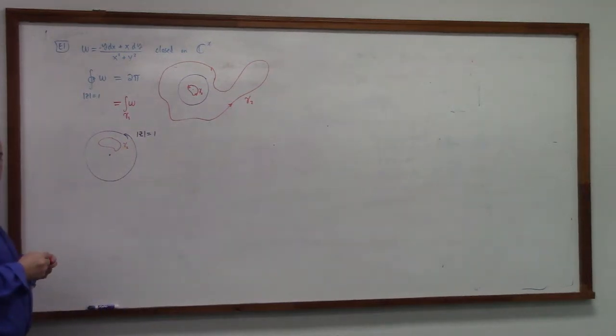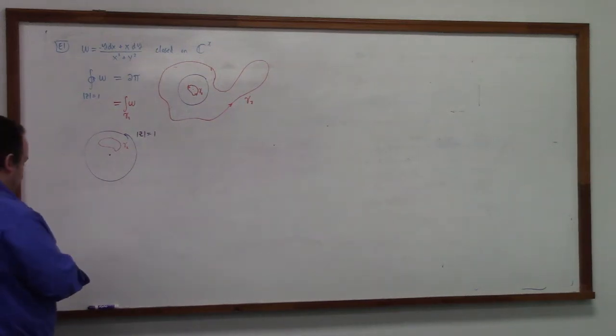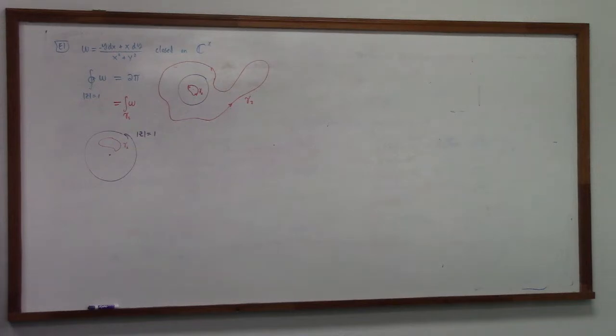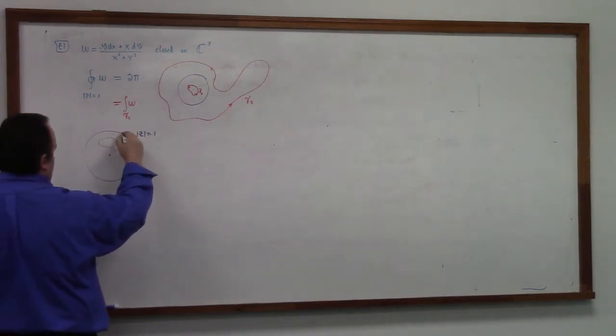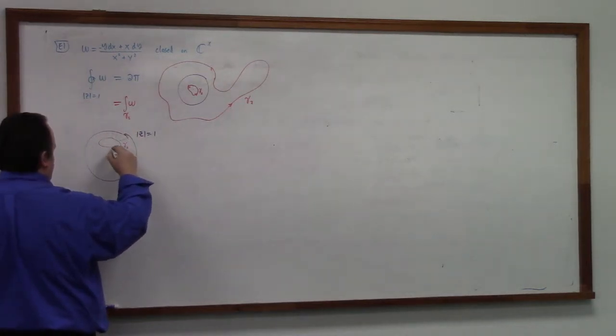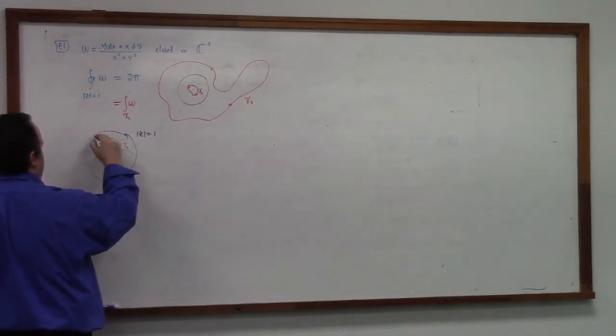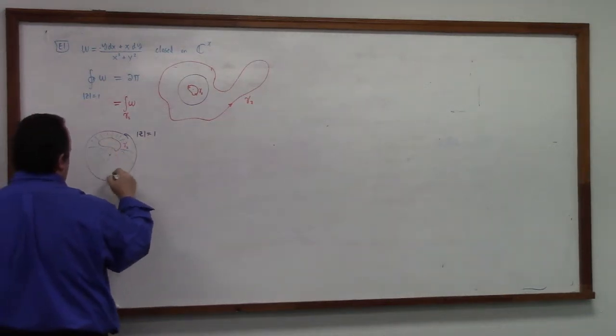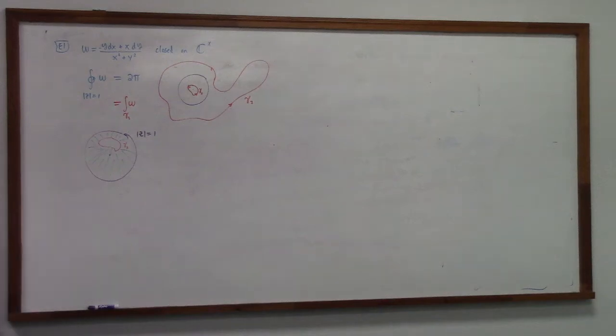What's the region between gamma 2 and the unit circle now? I'm talking about simply connected, which means every loop can be deformed to a point.